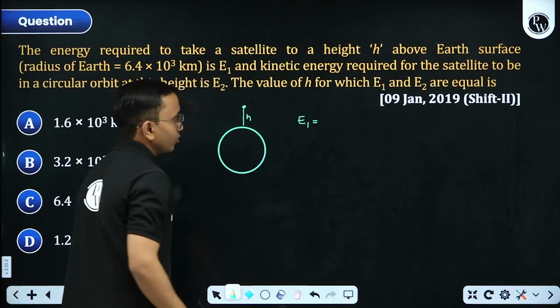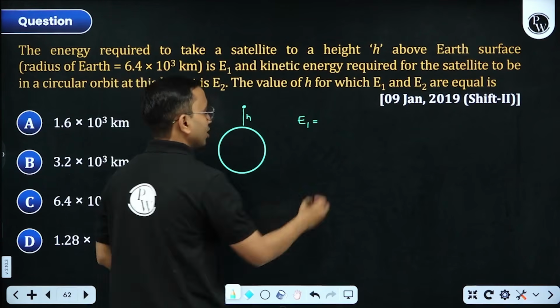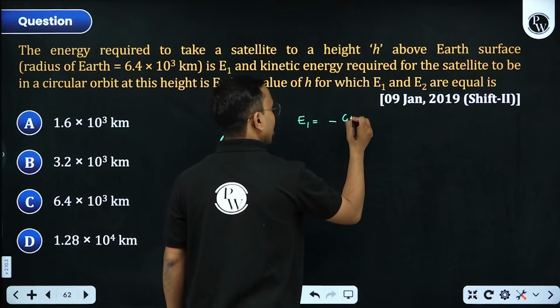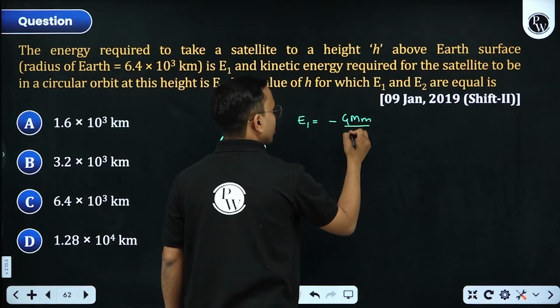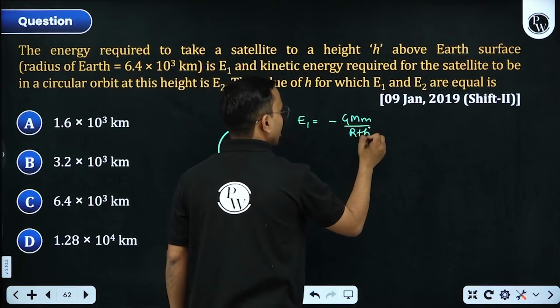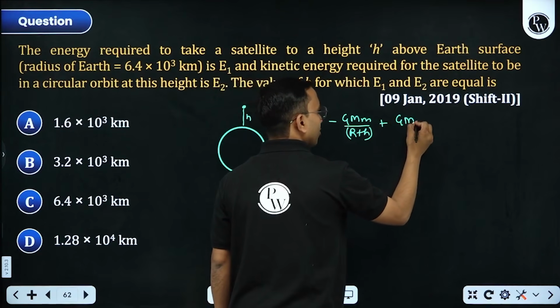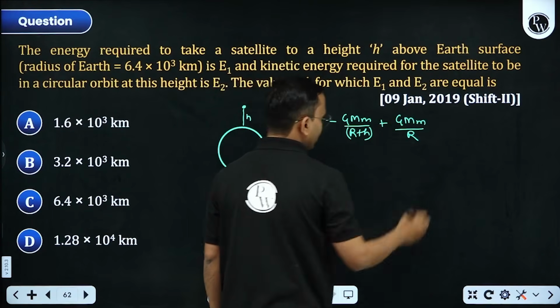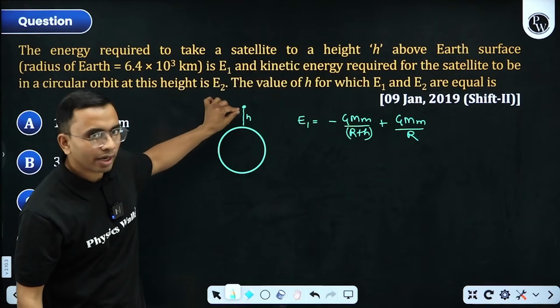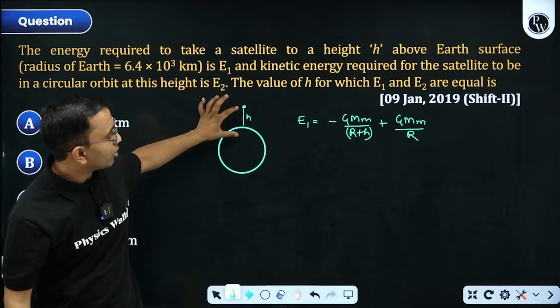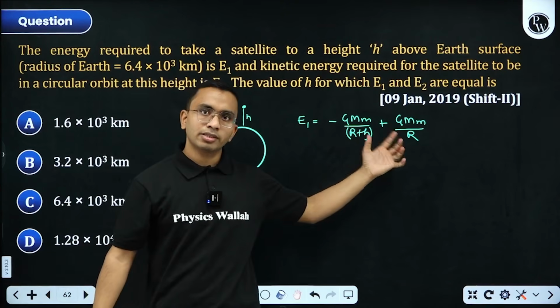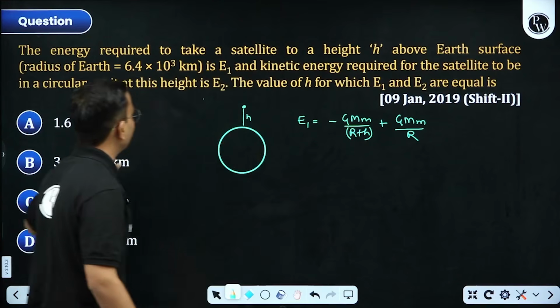That energy is equal to the change in potential energy. Final potential energy is minus GMm by (R plus h), minus initial potential energy, so plus GMm divided by R on the surface. From the surface I am taking it to height h. I found the change in the potential energy, that is the energy I need to give. So this becomes my E1.